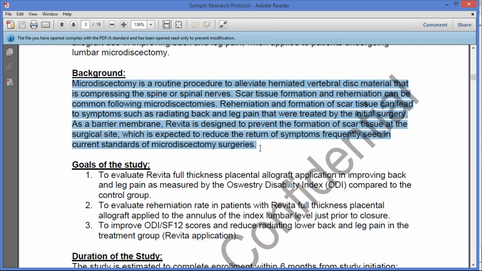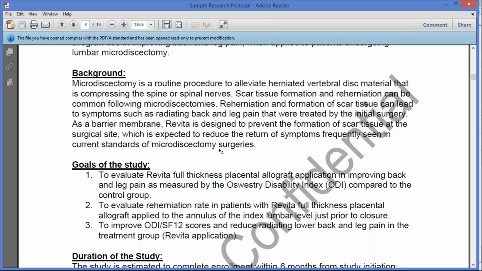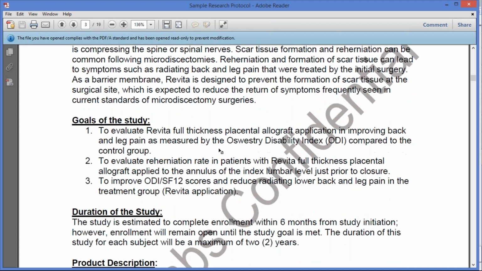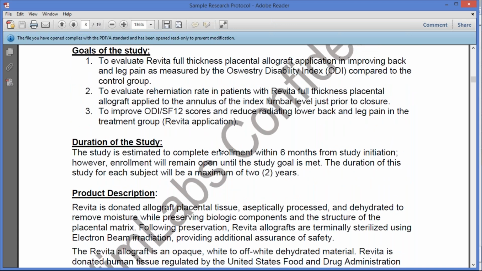Goals of the study. Okay. So goals: efficacy, improve the pain scores after surgery, and reherniation.